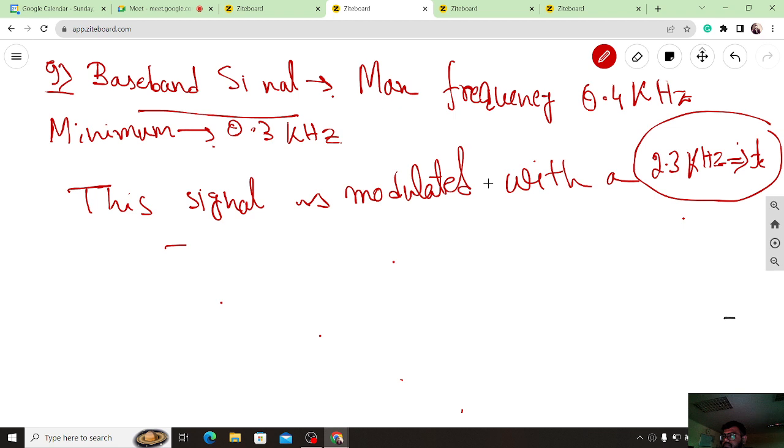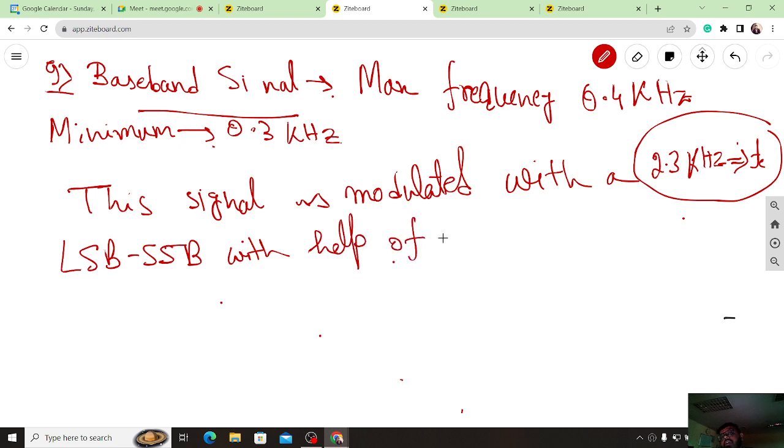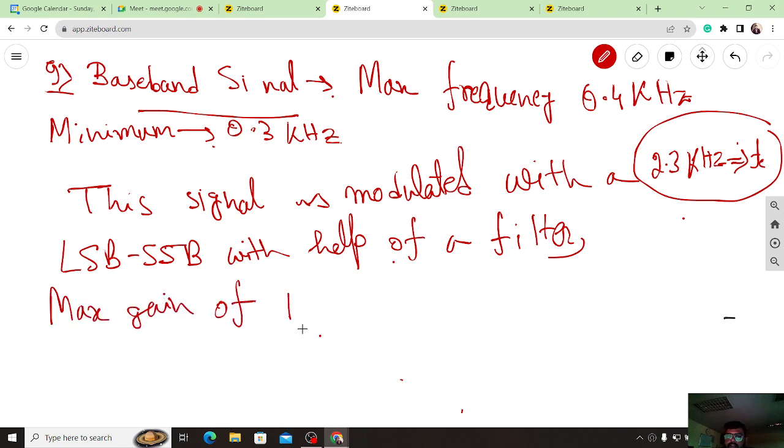Now we are generating an LSB SSB with the help of a filter. Again, this filter has a maximum gain of 1, and again the roll-off factor alpha that we described earlier.